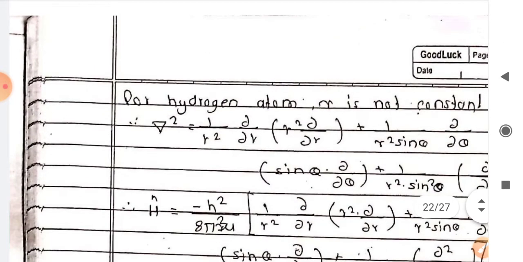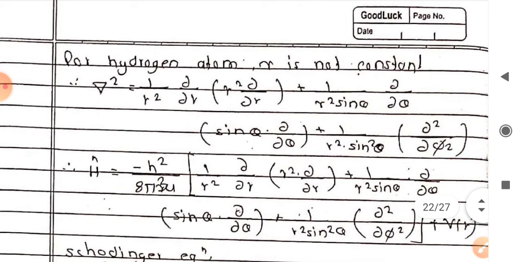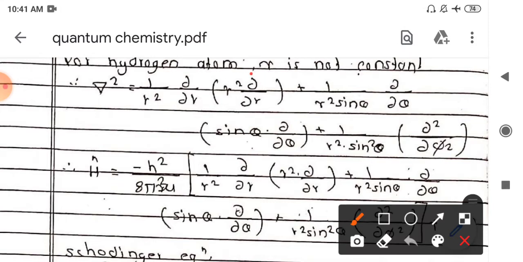So for the hydrogen atom, r is not a constant value, because this electron can move in a spherical manner and not in a circular manner. So we have to imagine that the electron is moving in a spherical manner.